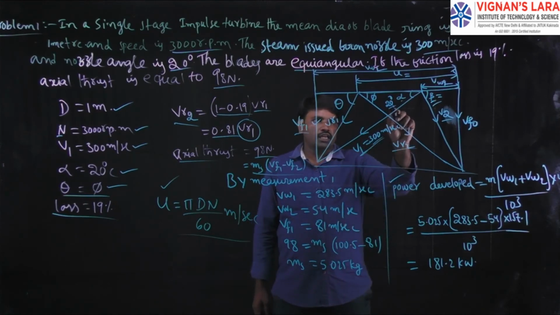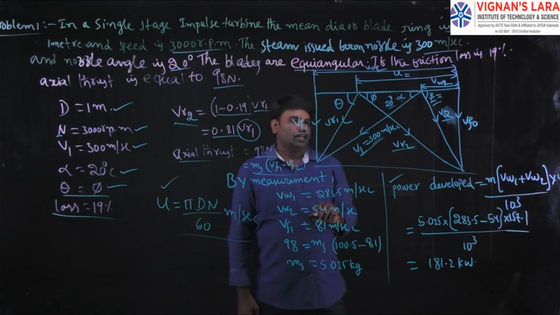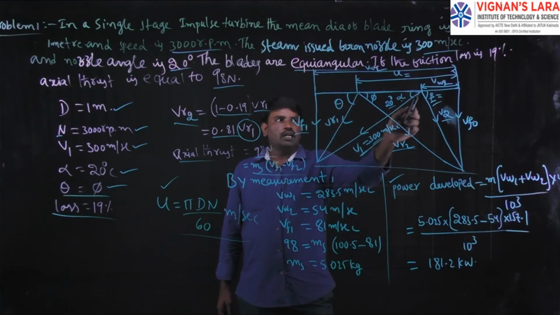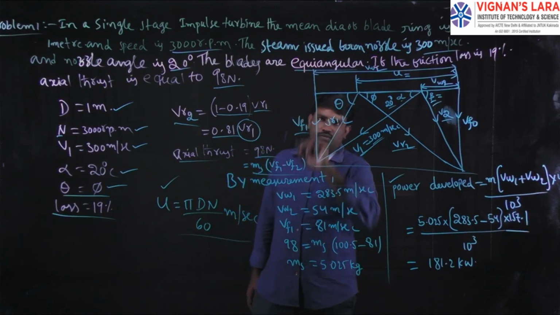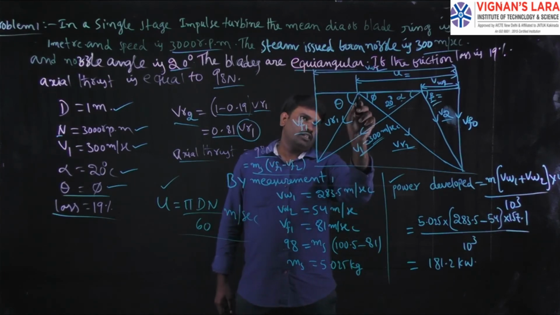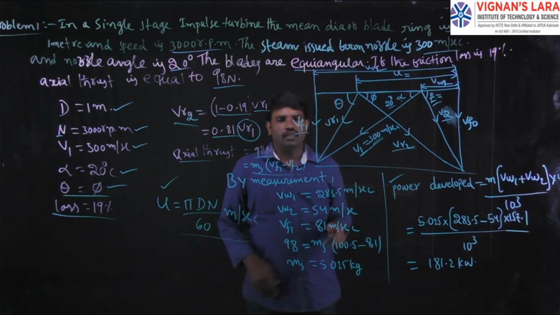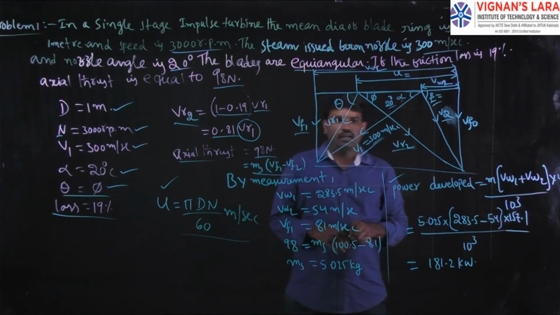With this angle 20 degrees and 300 meter per second you have to draw the line, and later you can extend at the end point vertically, and horizontally you can extend the u line. Then these two points meet at one location, and at this location you can draw the Vr1 line and Vr2 line, with the theta and phi angles.